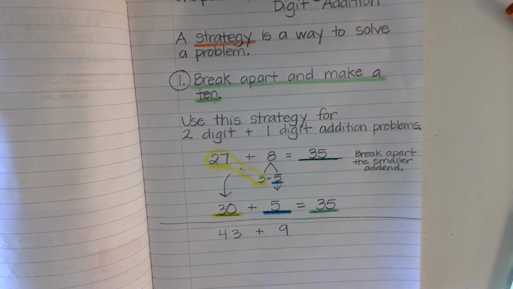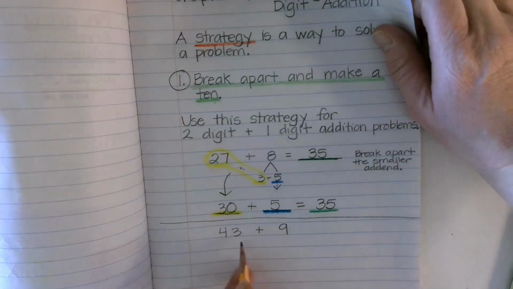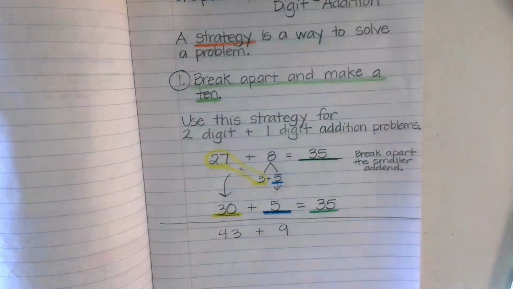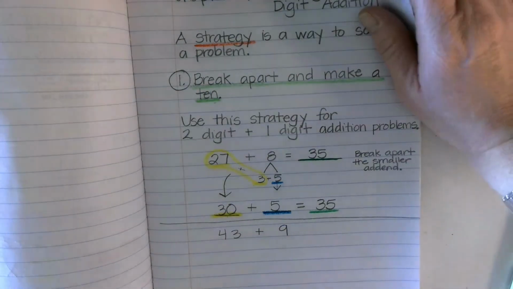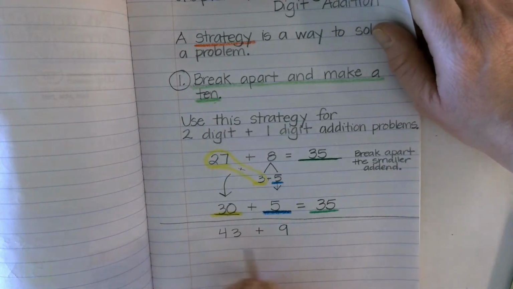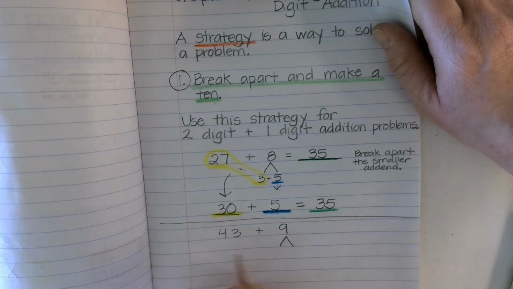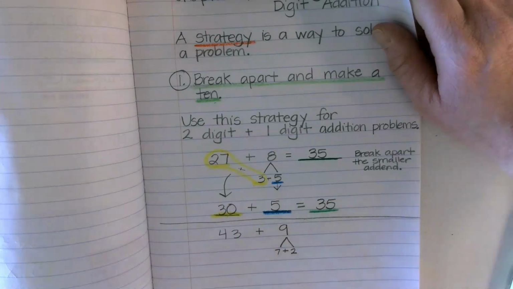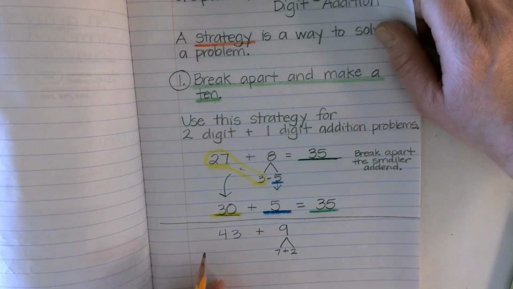But in addition, we're going to move up to the next 10. He really wants to be a 50. What does he need to become a 50? Everyone? 7. He needs 7. So our buddy 9 is going to break apart into 7 and 2. 7 plus 2 is 9.